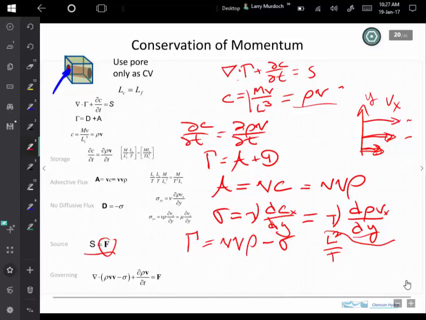Okay, so we substitute this stuff in, and the way that it's going to work is this is going in there, into the divergence.